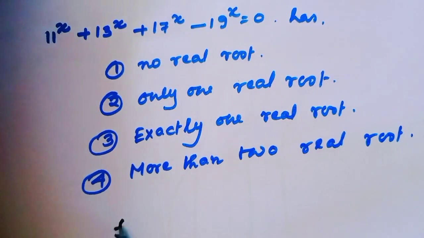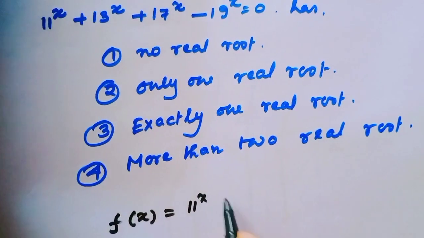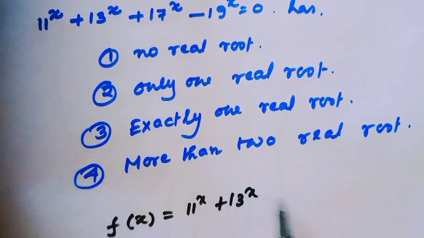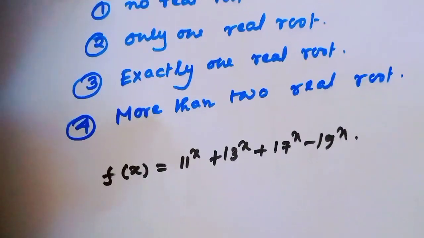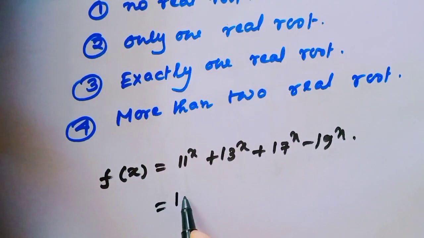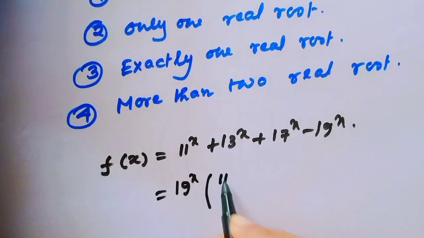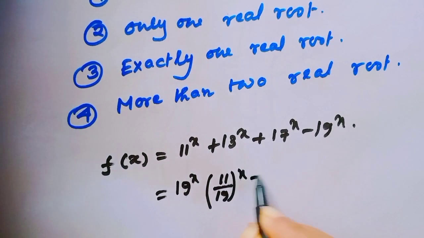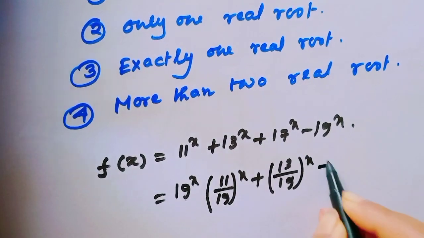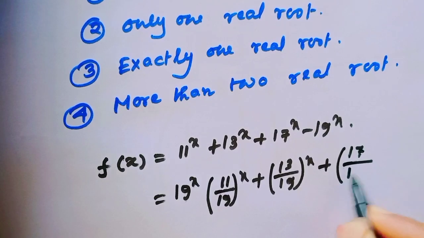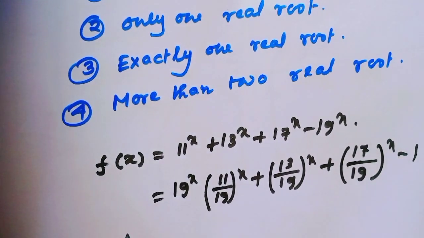Here, given f of x equal to 11 to the power x plus 13 to the power x plus 17 to the power x minus 19 to the power x. Now divide by 19 to the power x, then it will be (11 over 19) to the power x plus (13 over 19) to the power x plus (17 over 19) to the power x minus 1.